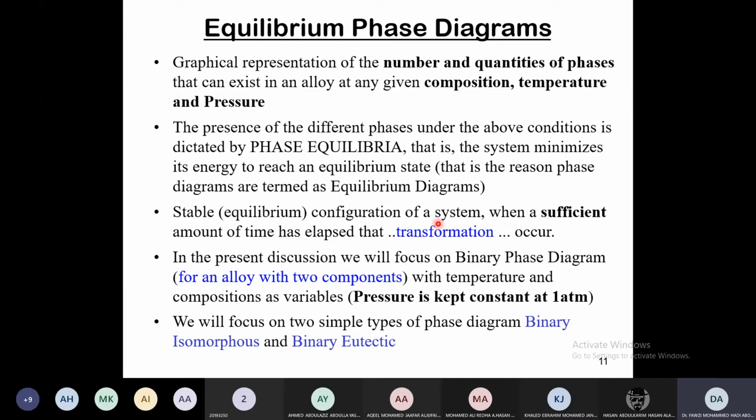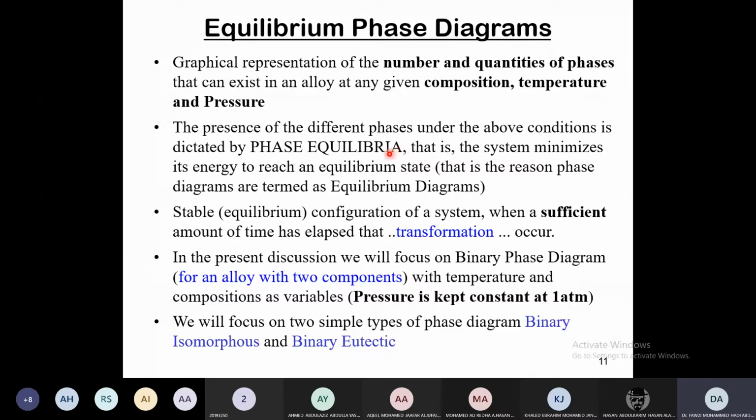If you don't allow the transformation to complete, because the diffusion process is very slow, you need to go very, very slow in your cooling process in order to allow the diffusion to occur or complete. And if you allow it to complete, phase equilibrium will be maintained in the material.